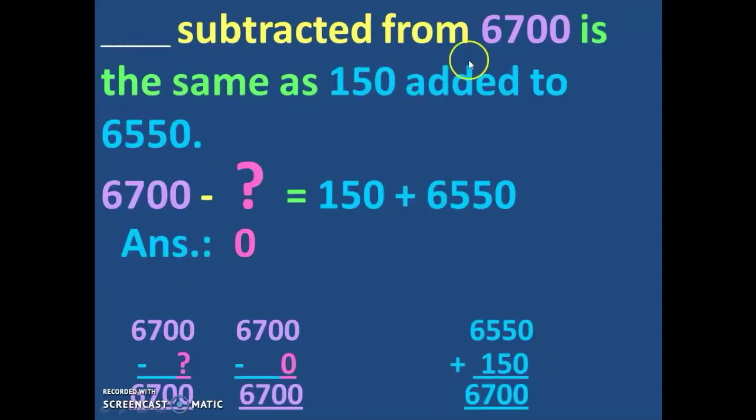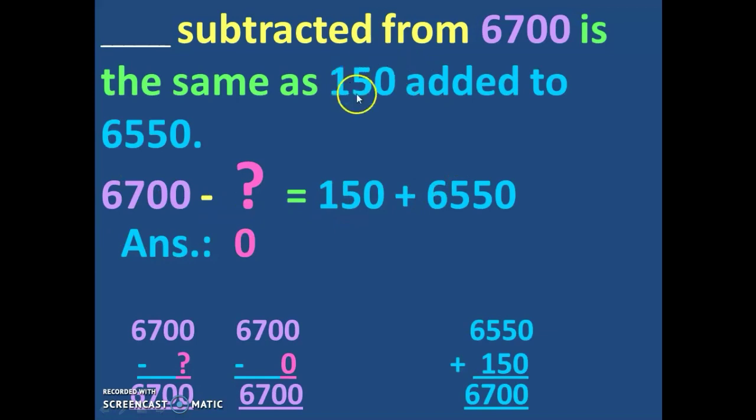Dash subtracted from 6,700 is the same as 150 added to 6,550. Here two sets are given. The first is with some calculation, that is the same as, equal to the next set.